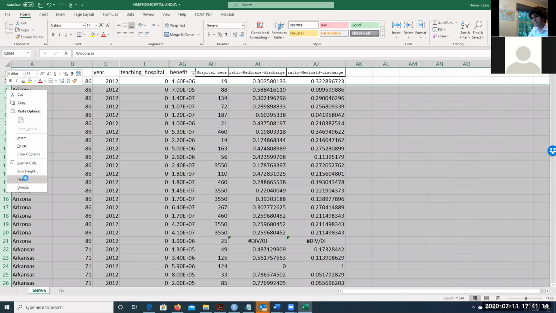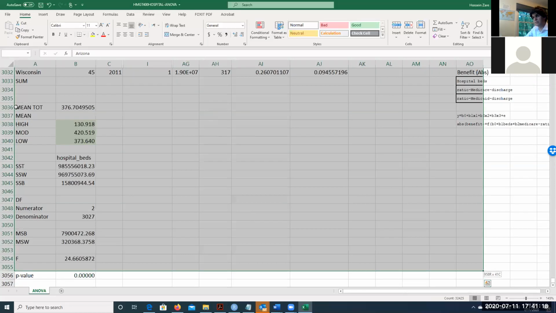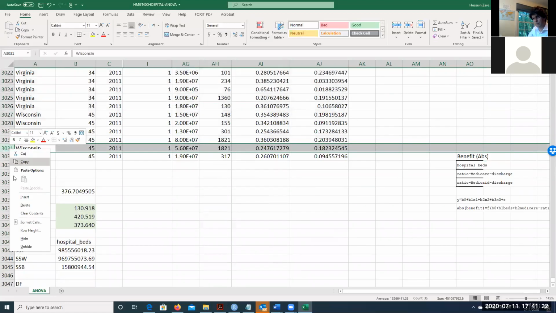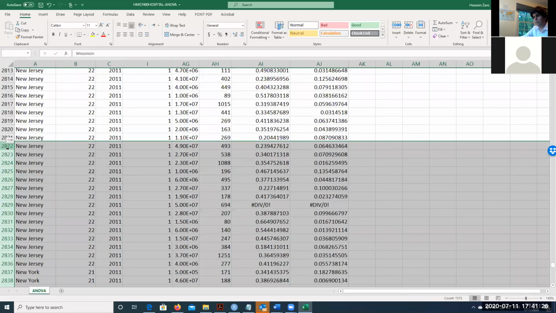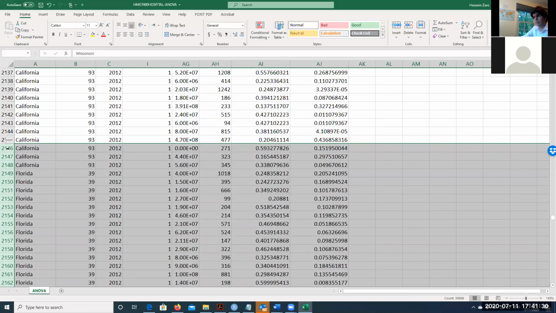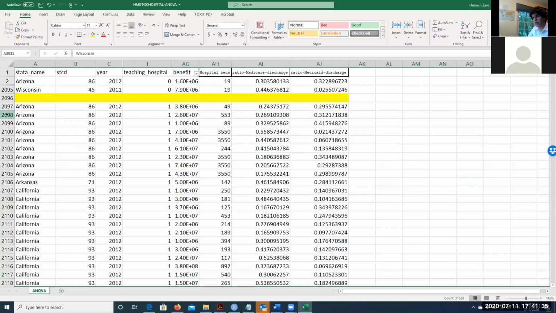Hide this and hide this. Go up and down by holding shift and page up and down.